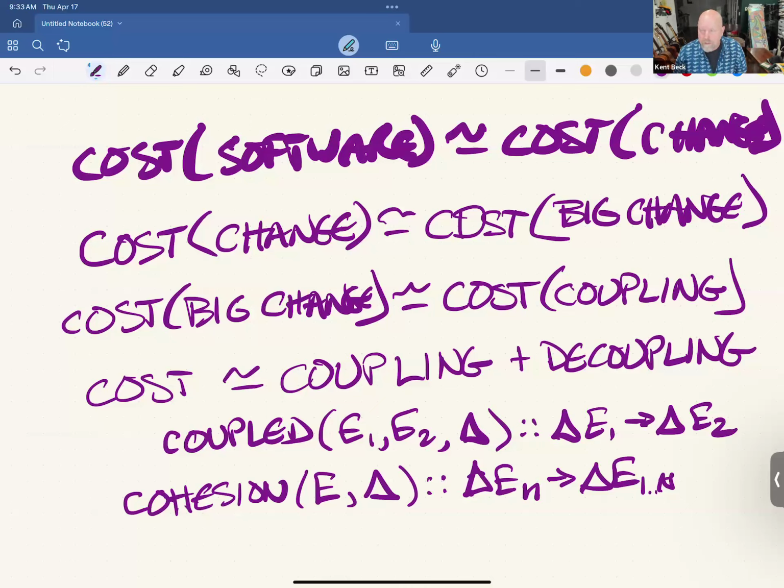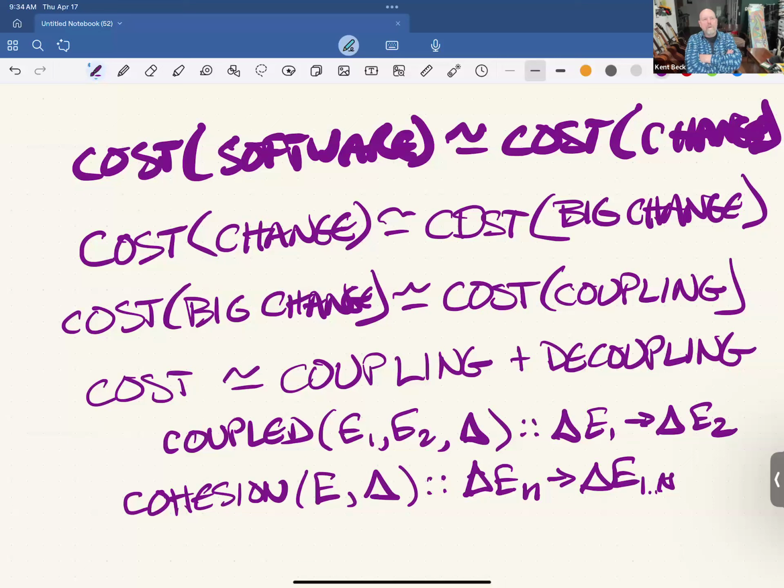And this took me the longest time. I told you I started this quest to explain structured design in 2005, and I didn't publish Tidy First until 2023. So what took me so long? It was explaining cohesion. I had the definition, but I couldn't explain it.